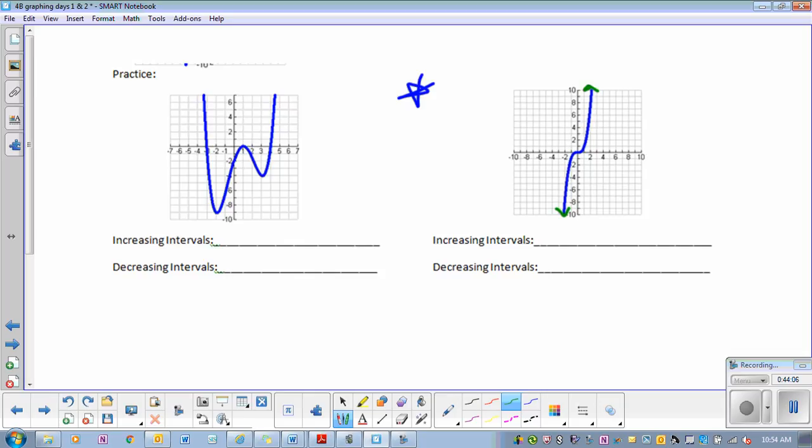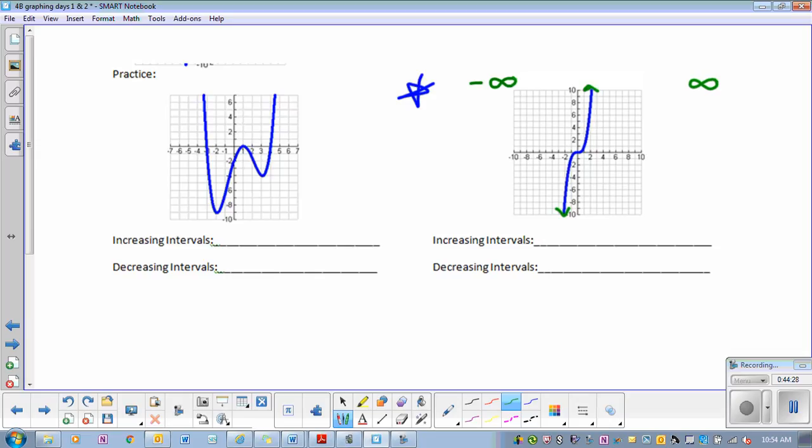Basically, we always have a negative infinity and we always have an infinity, right? With these cubic functions, you're either going to have the whole thing increasing or the whole thing decreasing, always with this one. Does that make sense?